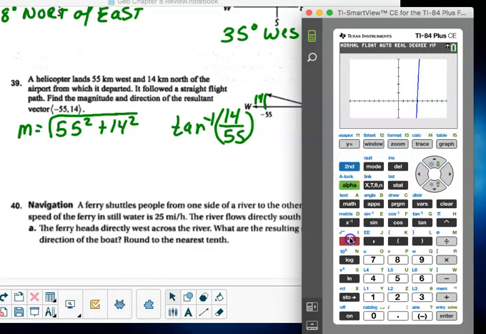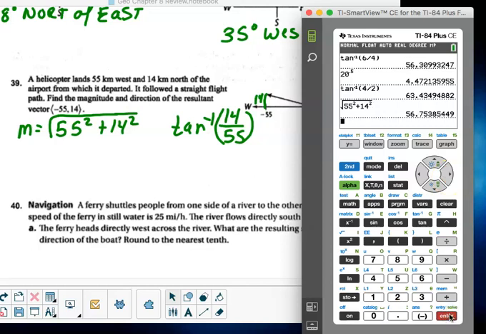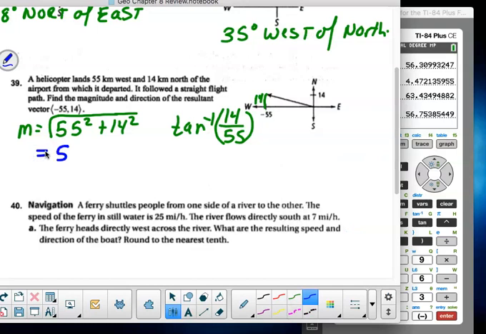So we got second squared, 55 squared plus 14 squared. And we're going to hit enter there. And that's 56. So I got 56.735.